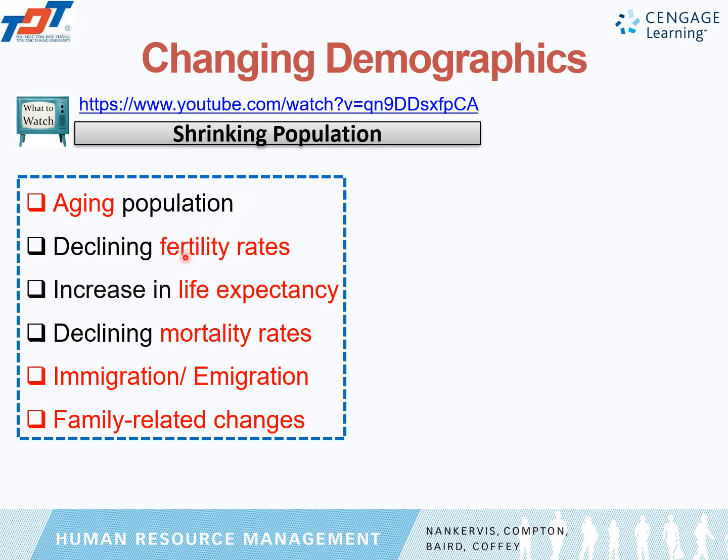Declining fertility rates is a rather disturbing trend around the world, which in simple English means that today families or women are having fewer children in comparison with, say, 50 or 100 years ago.